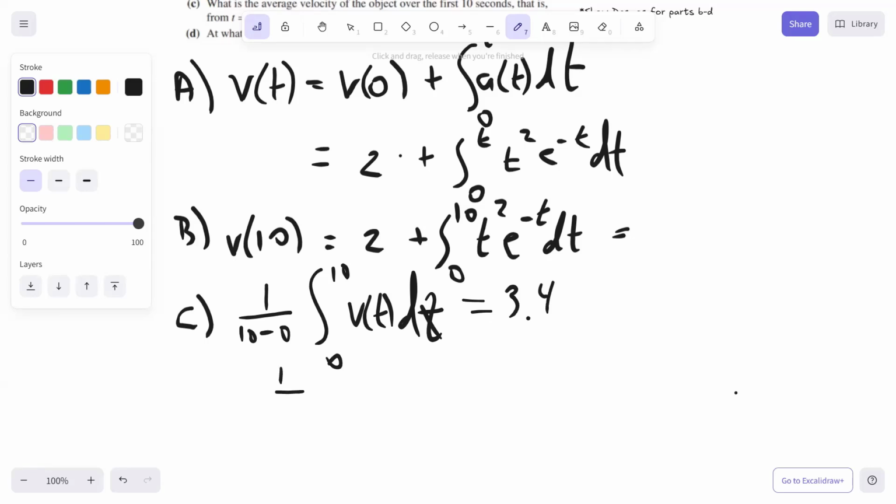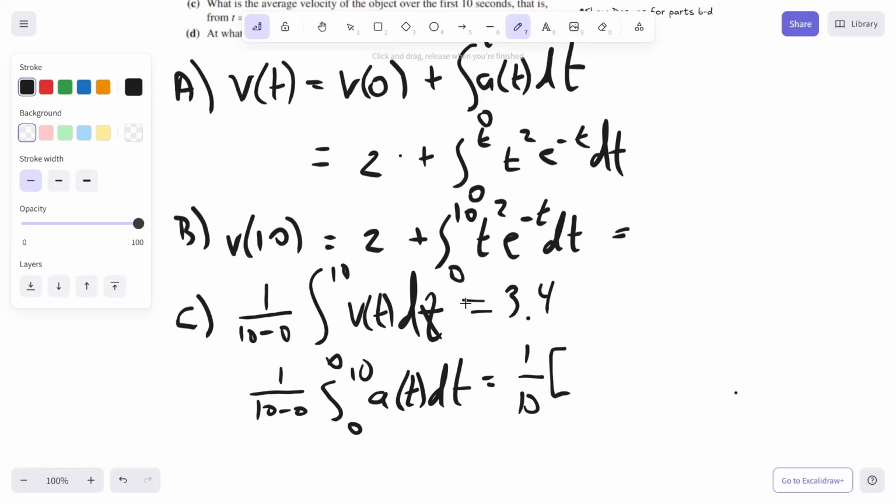Now, to get the average acceleration, this is what I think the question meant. You would have to do 1 over 10 minus 0 times the integral 0 to 10 of a of t dt, which is 1/10 times. Now, remember, the antiderivative of acceleration is velocity, so that would be v of 10 minus v of 0.